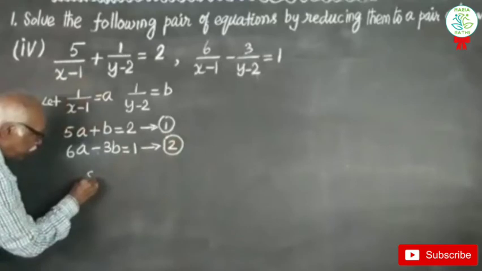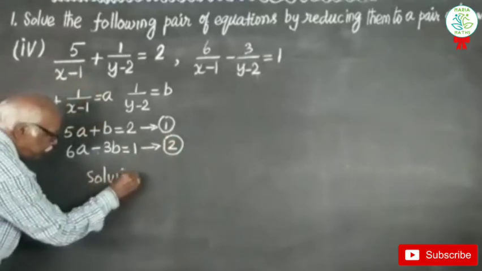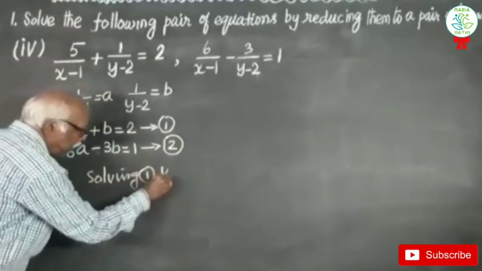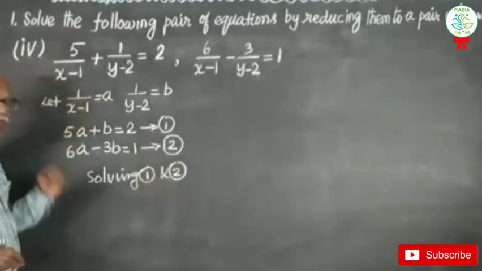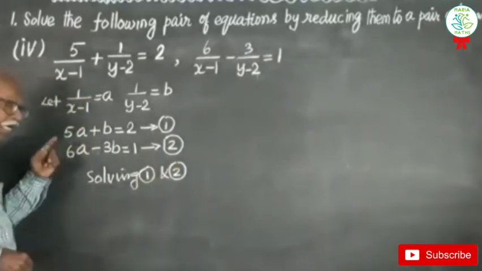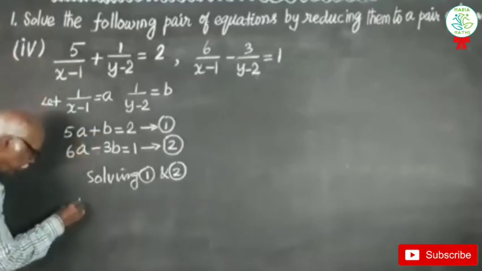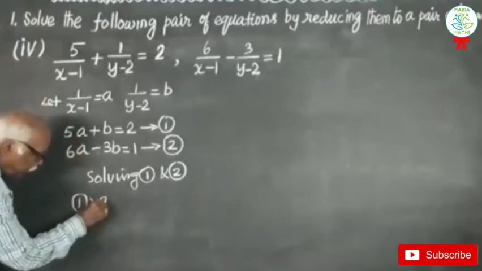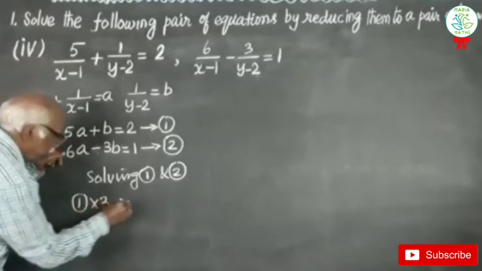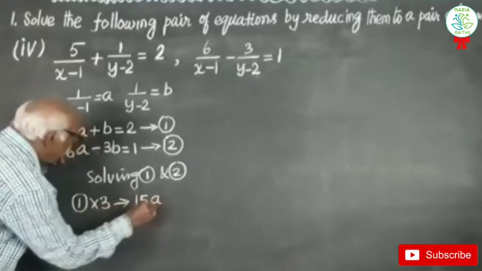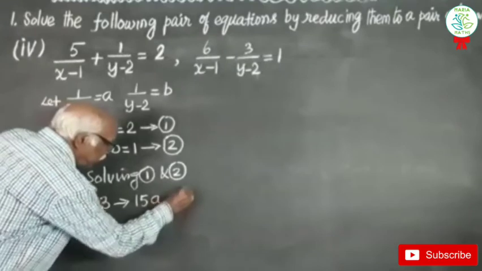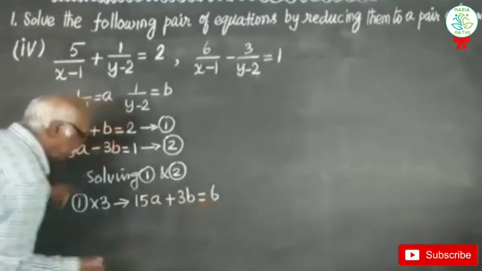Now solving 1 and 2. I want to cancel b. To cancel b, I have to multiply equation number 1 by 3. Equation 1 into 3: 15a plus 3b equal to 6.